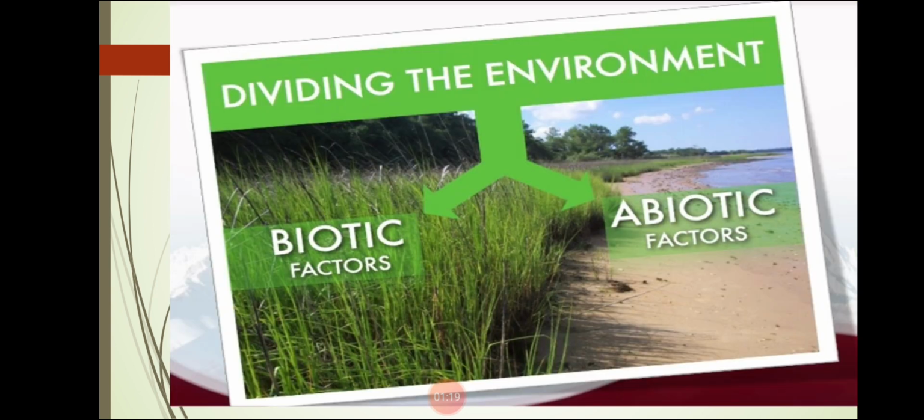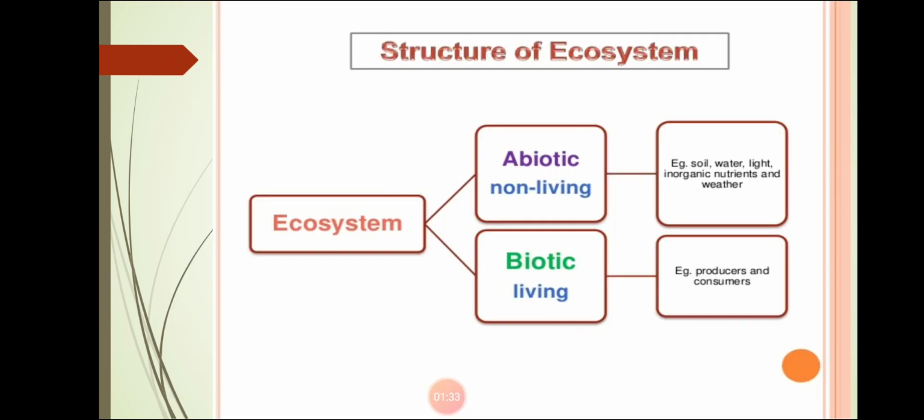When dividing the environment, there are two types of factors, that is biotic factors and abiotic factors. Okay, two types of factors are there. First one is biotic factor, second one is abiotic factor. Abiotic means non-living and biotic means living organisms.